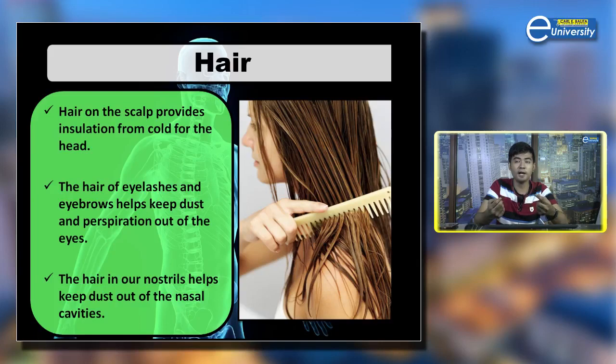It can provide thermoregulation in regulating the temperature of our body. Next are the eyelashes and eyebrows. They provide protection for our eyes against dust and perspiration. And lastly, the hair in our nostrils, also called cilia, is responsible for filtering out dust and harmful microorganisms.